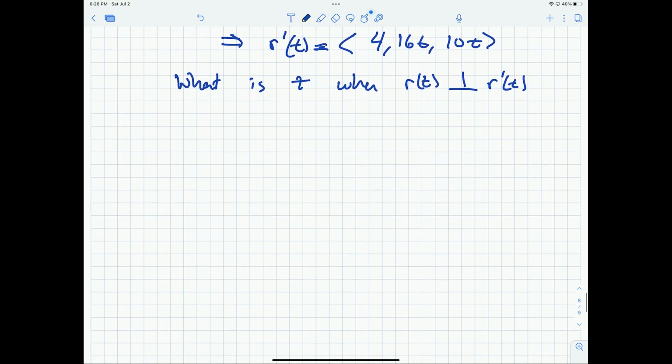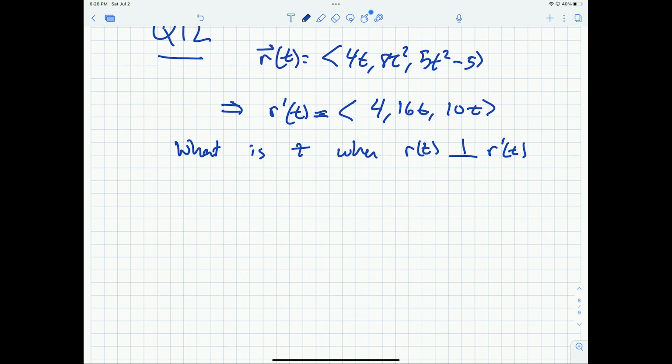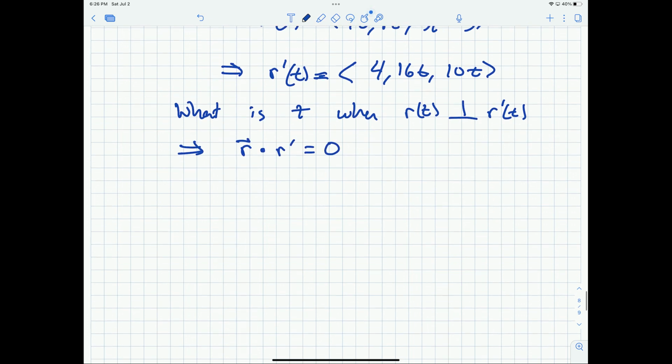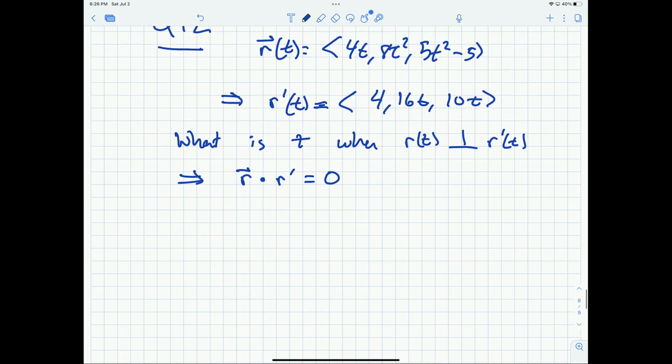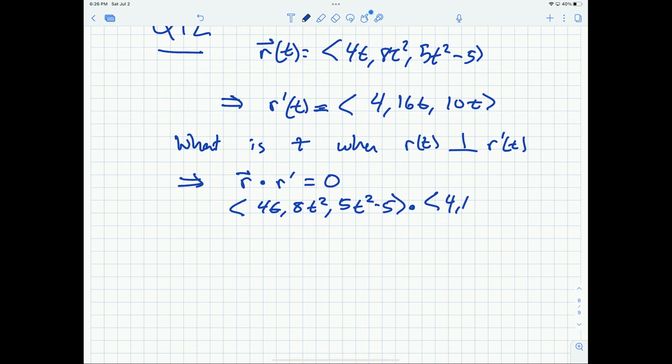So perpendicular, you're going to do the dot product and make it 0. So that means that r dot r prime equals 0. So you just do that dot product. r is 4t, 8t squared, 5t squared minus 5. Dot product with the other one, 4, 16t, 10t, and we want that to be 0.